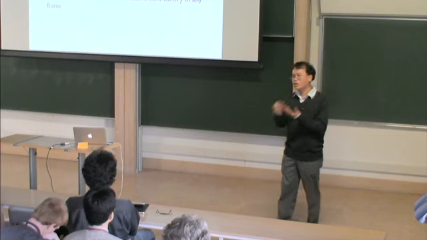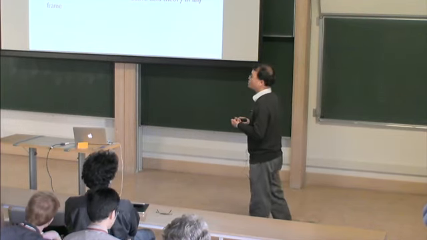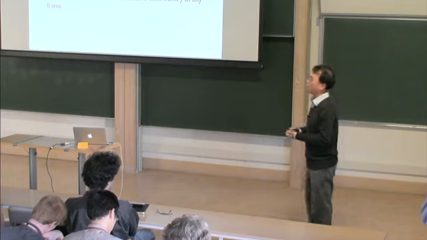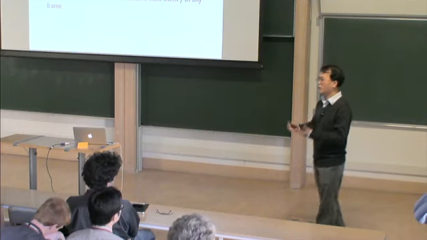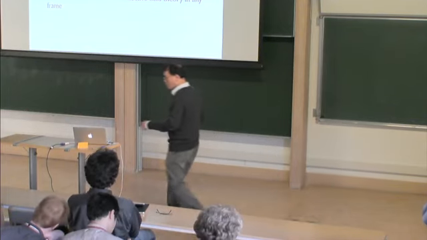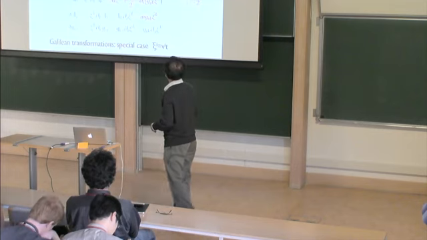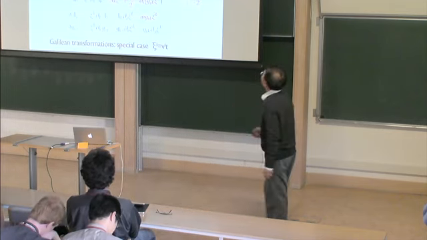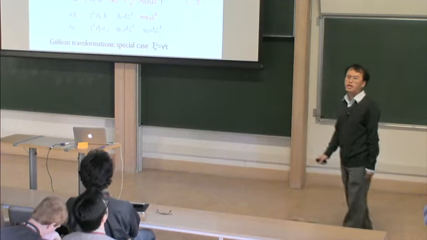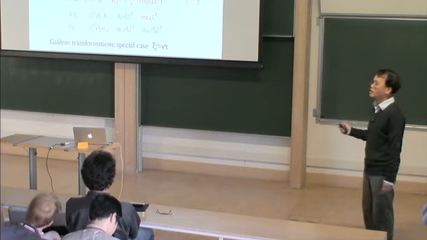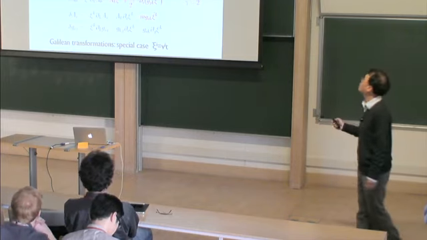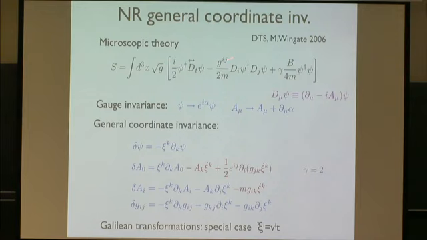That means that we can write down the theory of non-relativistic electrons using any system of coordinates, not just an inertial system, but using any frame. Let us realize that at the level of the action of free electrons. I write down the second quantized action for free electrons coupled to an external gauge field and an external metric.